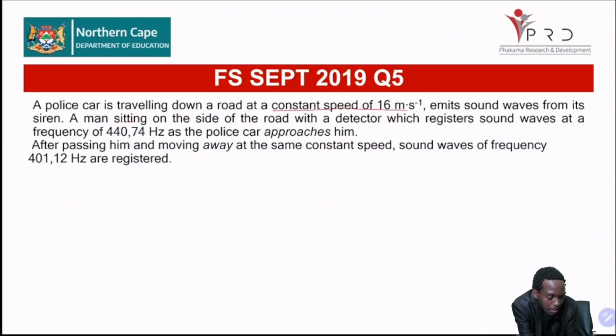Already we have some idea about the velocity of our listener. Sitting on the side of the road with a detector which registers sound waves at a frequency of 440 as the police car approaches. So when the car approaches, then frequency is 440. After passing him and moving away at the same constant speed, sound waves of frequency 401 hertz are registered.